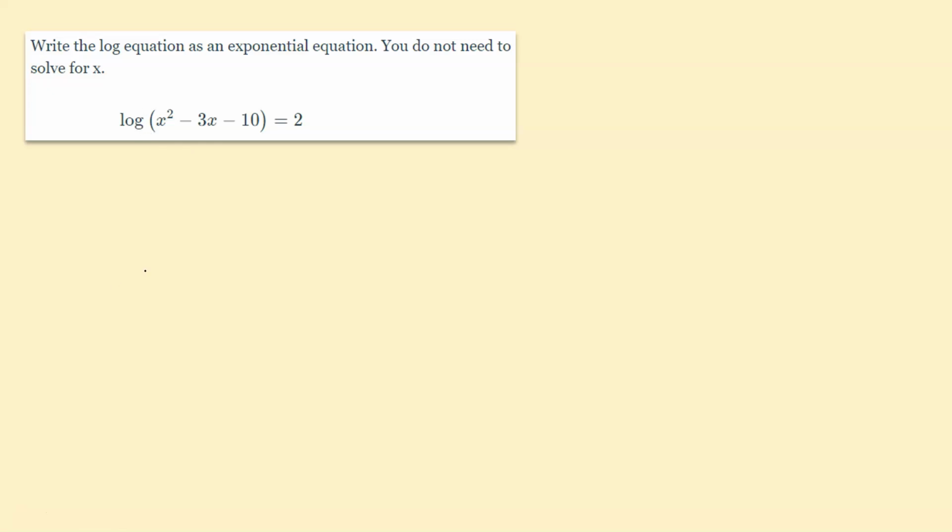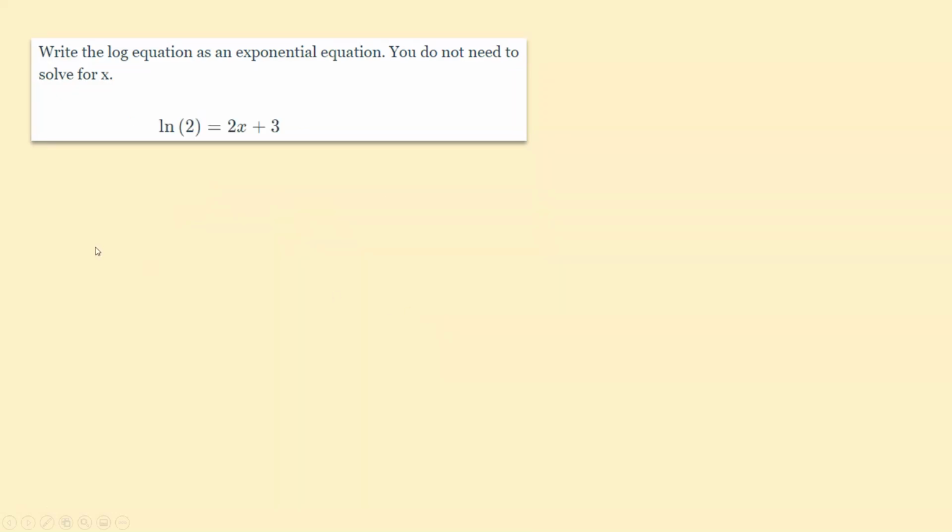Here we're not given the base, so that means we have to assume that it's 10. So base 10 squared, exponent is 2, equals the argument, x squared minus 3x minus 10. And then, once again, rewrite it as an exponential equation.